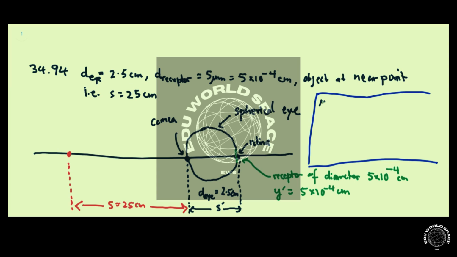We'll use equation 17, which tells us that your lateral magnification is minus S prime over S. And we know S prime and S. The reason we want to use this equation is that if you read the paragraph just before this equation, you'll see also that M is equal to y prime over y.